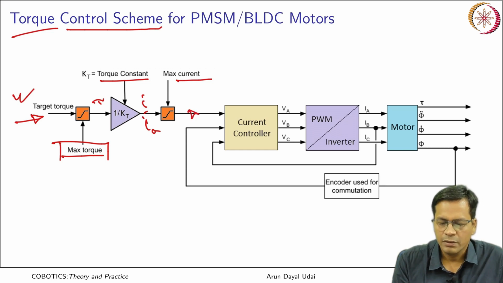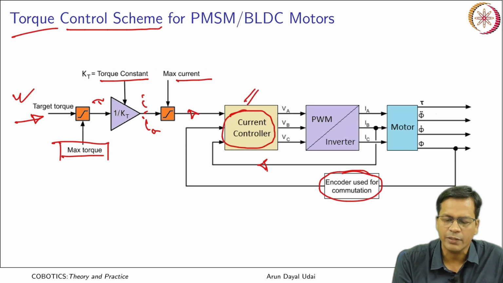Okay. So, again you have feedback for the position, encoder used over here to take in the position feedback as well as the current feedback so as to control the current.